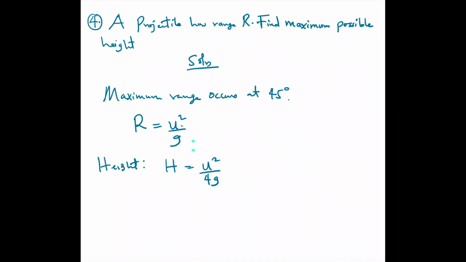So the height has the same parameters, u squared and g, but with a factor of 1/4. So we can say that the height is 1/4 of the range.